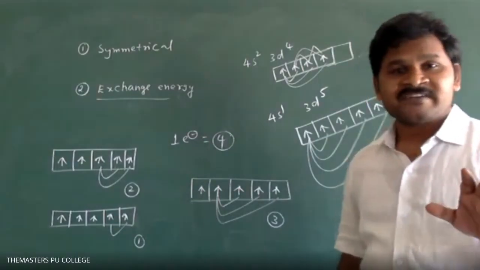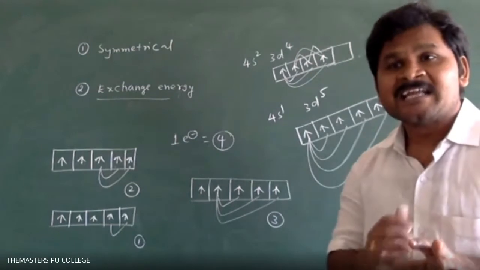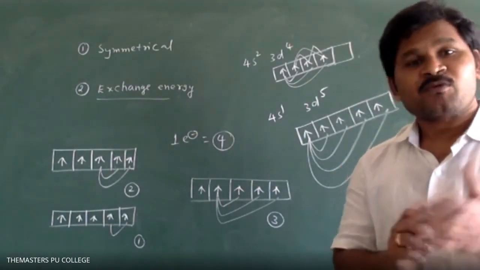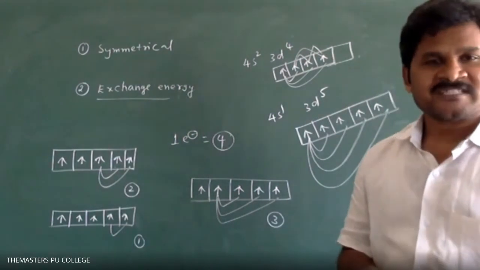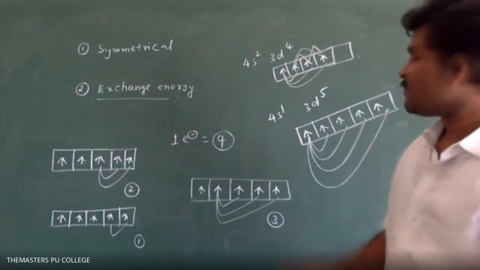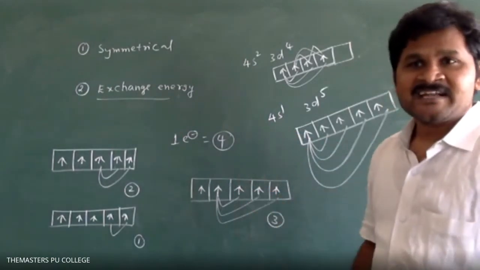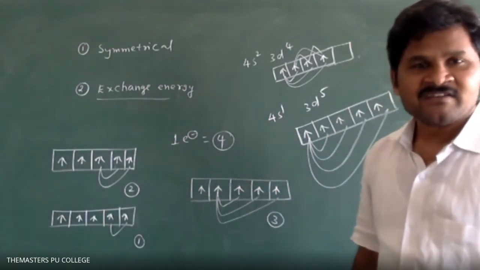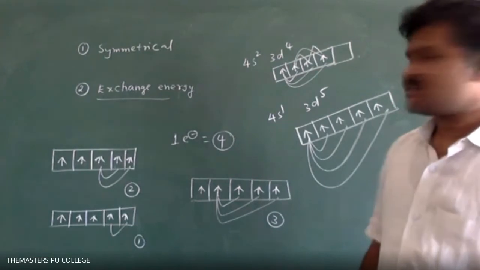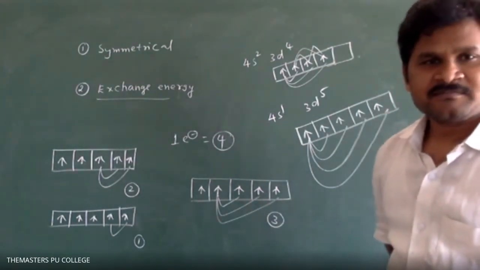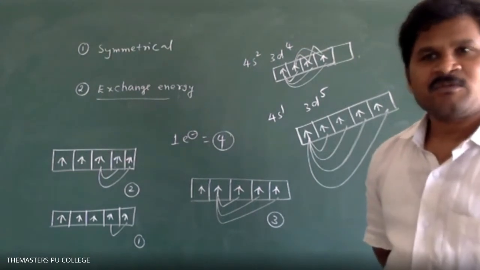Greater the number of exchanges means greater is the loss of energy. Greater is the loss of energy means more is the stability. Such exchange availability is there in the 3d5 configuration. Clear? That's why the 3d5 configuration is more stable.